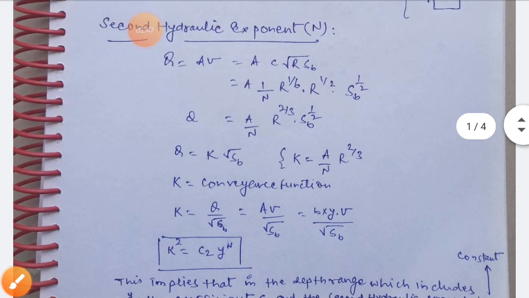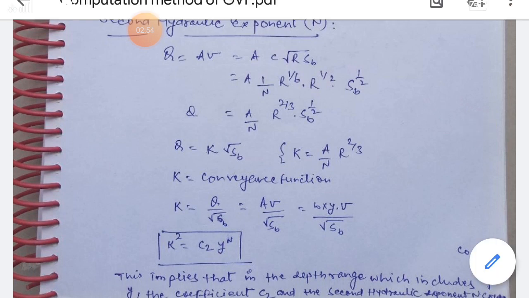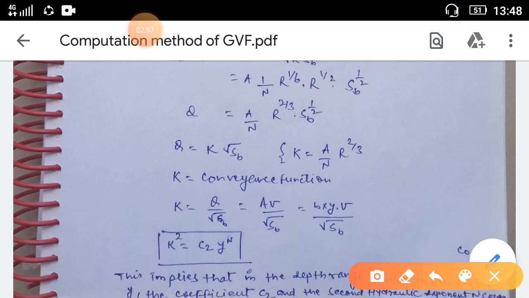So we can write K is equal to Q upon under root S_B, and Q is equal to A into V. So area is B into y, velocity upon under root S_B. So K square is equal to C2 y to the power n.